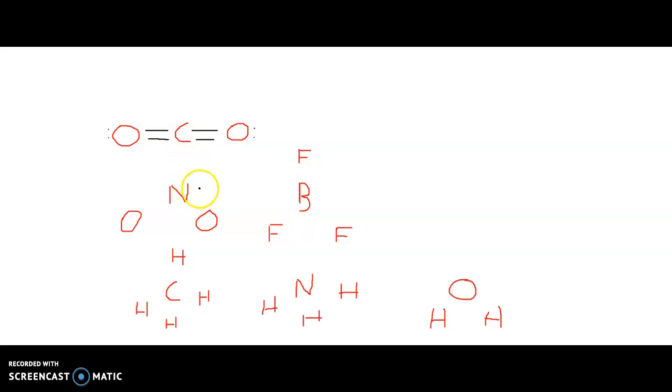Nitrogen has 5 valence electrons. It's going to form double bonds with the oxygen, 1, 2, 3, 4, 5, 6, 7, 8.